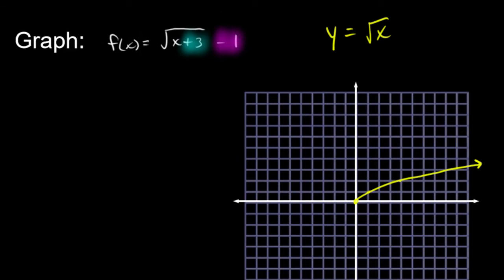Nothing else. All the rest of it is just the parent function. The square root of x, that's the parent function. That doesn't change. That's what creates the initial shape. The +3 underneath the radical does something special. The -1 outside the radical does something special.